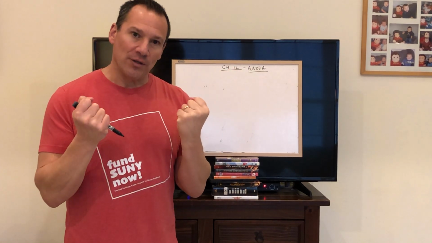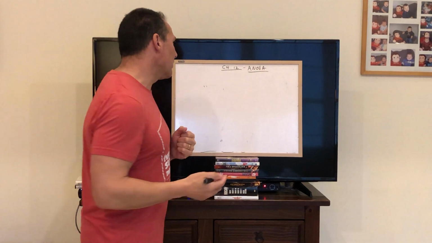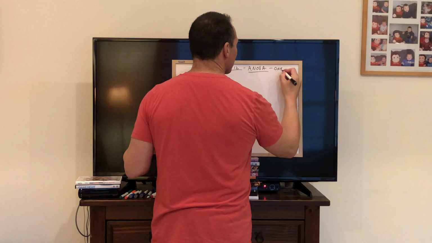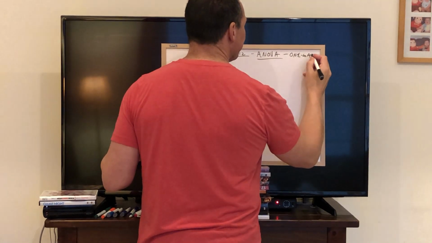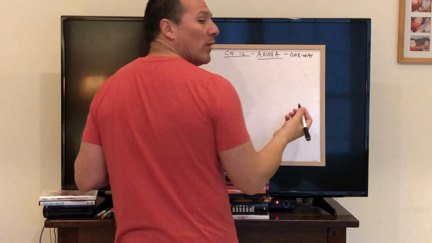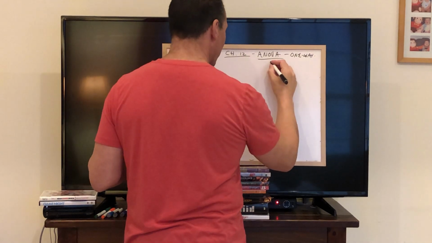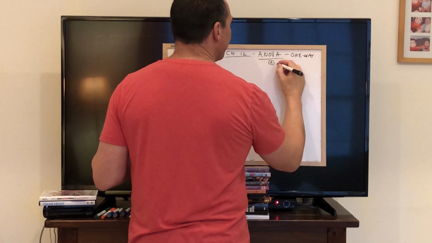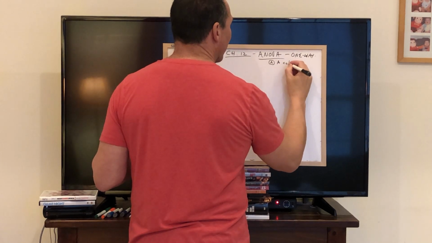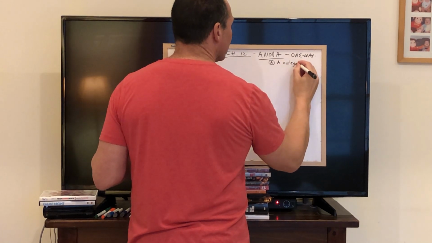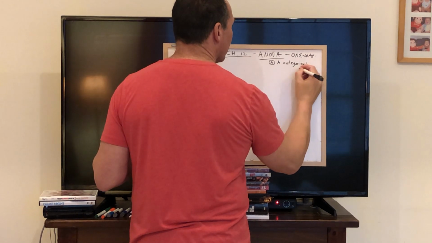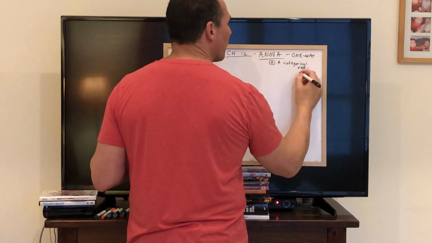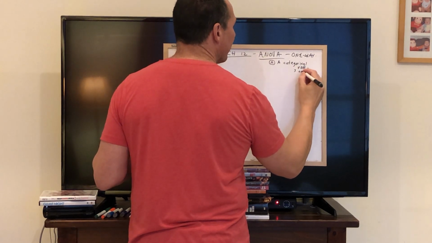The guts or the basics of the ANOVA are found in what we call the between groups ANOVA, or sometimes it is called the one-way. In the one-way ANOVA, you have two variables. A, you have a categorical variable, usually with 3 or more levels.